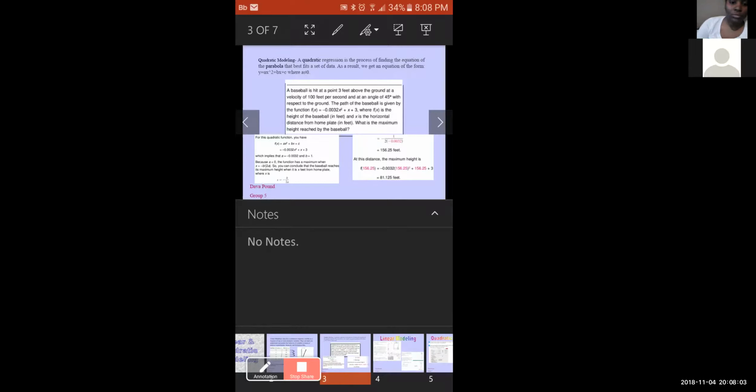So here 1 is our b, and our a is negative 0.0032, which 1 divided by that is 156.25 feet. And then for the height, you would plug in the feet for every x to come out with 81.125 feet.